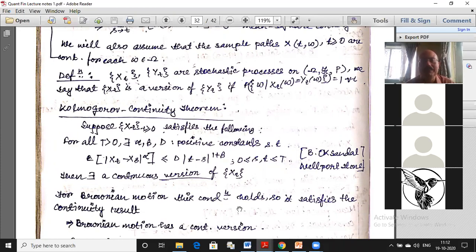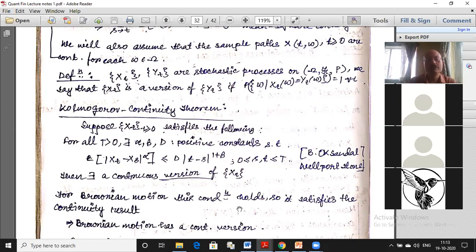Alpha equal to 2 is easy, so try even numbers, because then your modulus will not create any trouble. Do you see that alpha equal to 4 will also give a bound for the normal distribution? Yes, sir. So alpha equal to 4, beta equal to 1, and D equal to 3. Right. So it's the kurtosis condition, which will also hold for the normal distribution. So yes, we are sure that for Brownian motion, the Kolmogorov continuity theorem assumption holds.